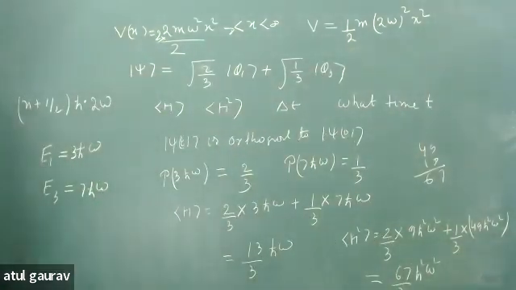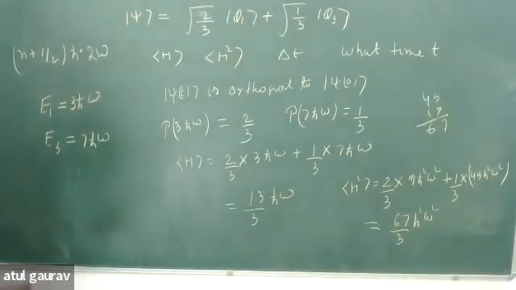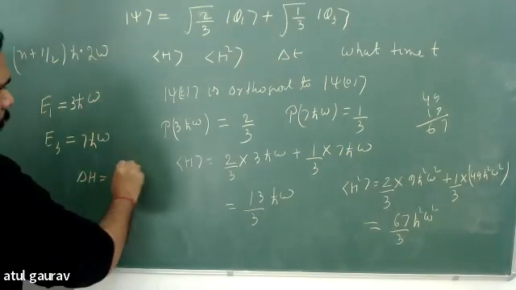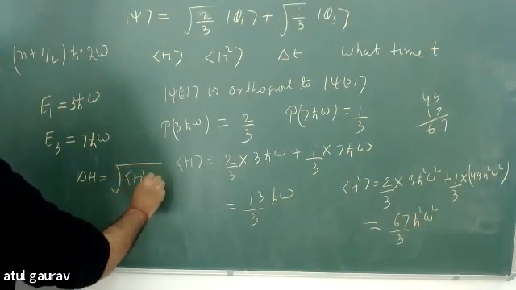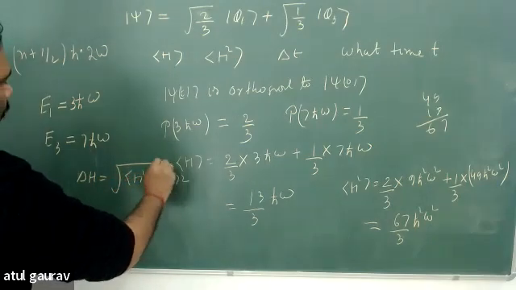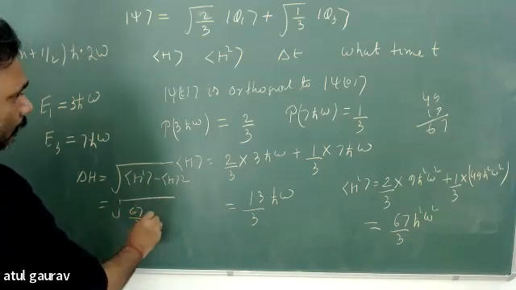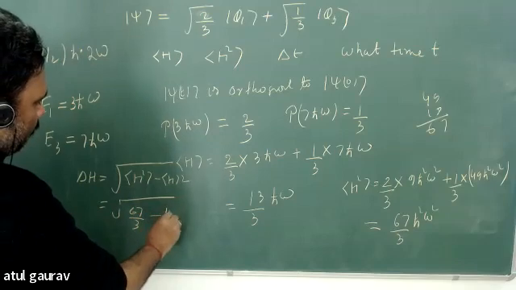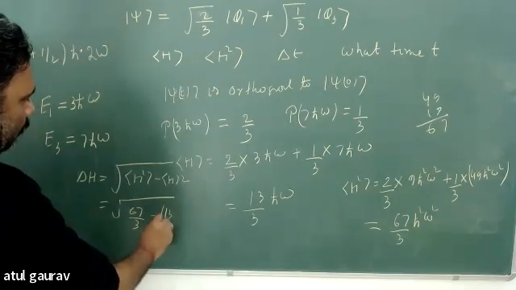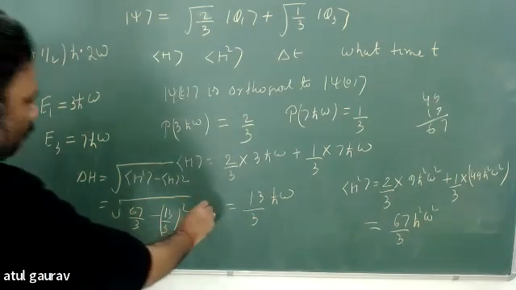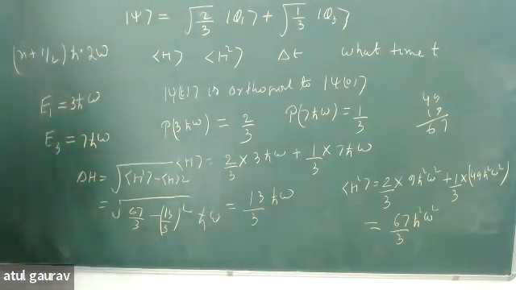So you can easily find the delta H. What will be delta H? It is the average value of H square minus the average value of H whole square. So this value is 67 by 3 minus 13 by 3 whole square. And whatever the number, the dimension will be h cut omega.